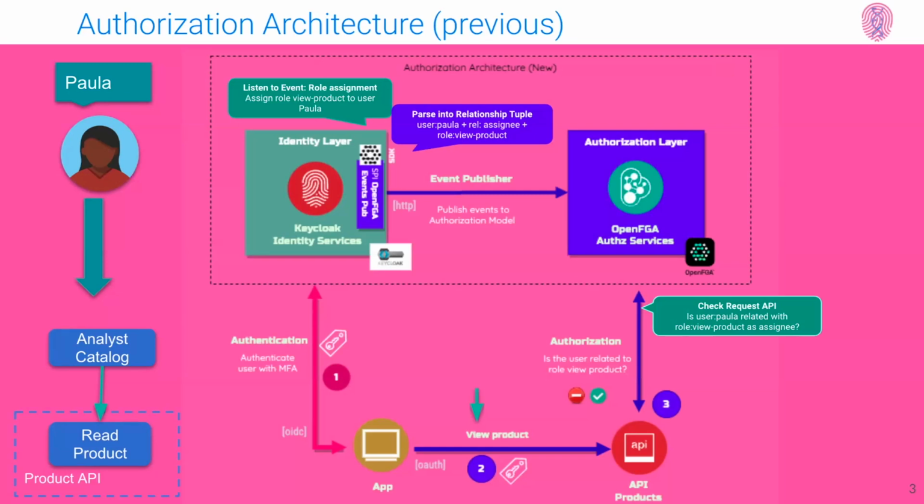The API in the workshop uses the OpenFGA SDK. Every single time it receives a request, it checks with the authorization check endpoint whether the user has a relationship. In this case, for instance, whether the user Paula is related to the role view product as assignee. So this is how the workshop worked in the previous version.